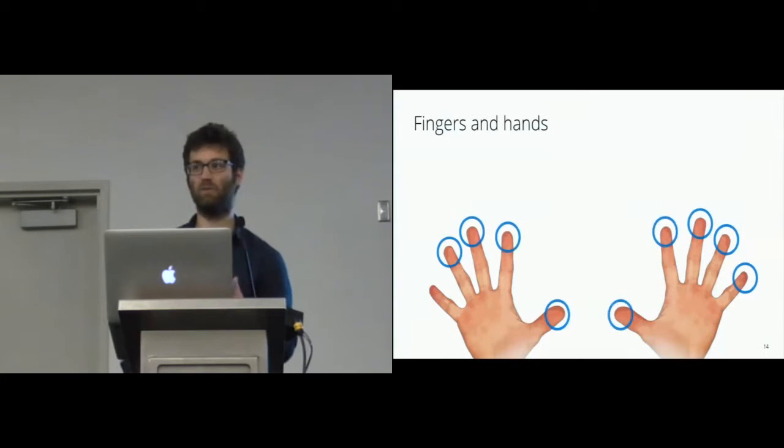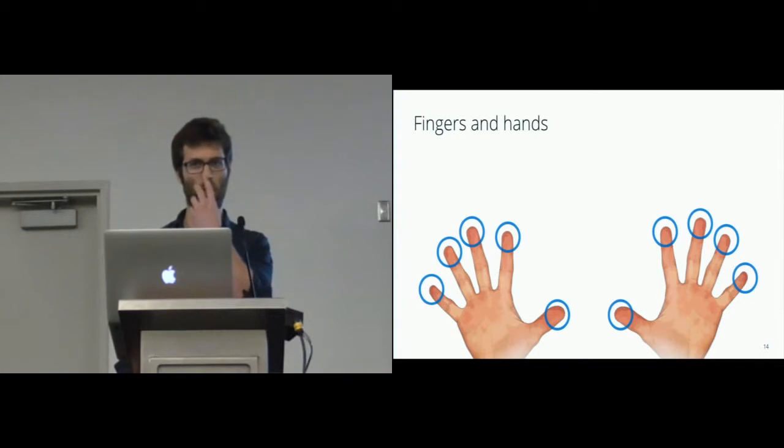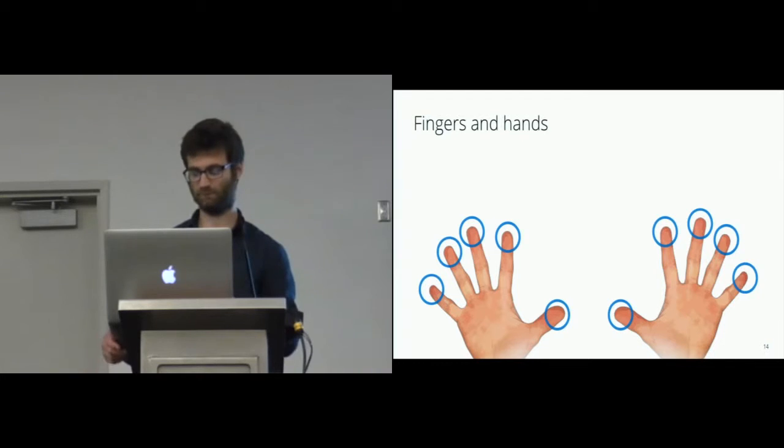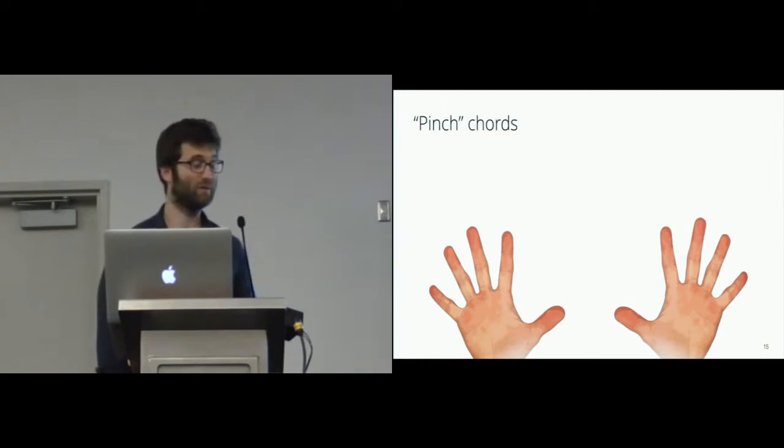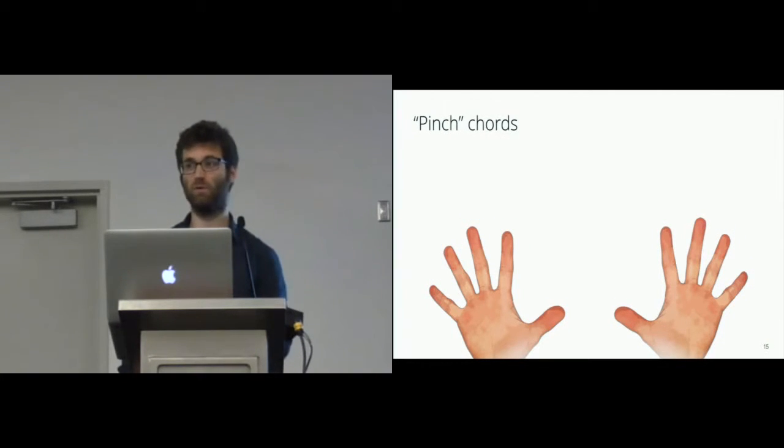Since we don't have the big picture concerning the difference of performance between fingers and chords, our work aimed to fill some blanks. So we tested all 10 fingers, and in this talk I will use the terms dominant and non-dominant to normalize left- and right-handed participants. We also tested pairs of fingers, which I will refer to as chords.